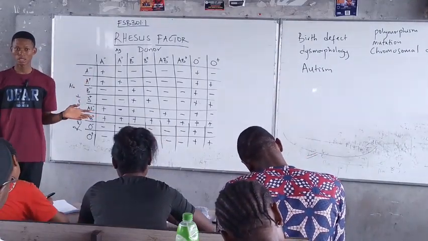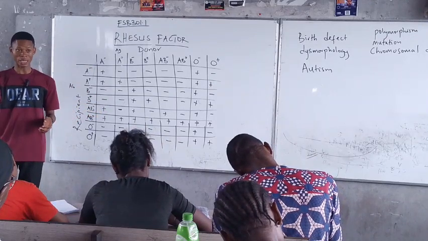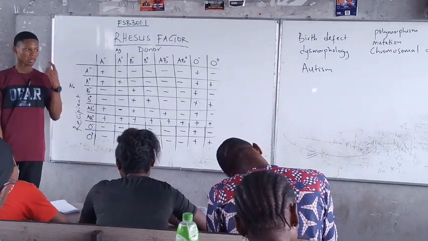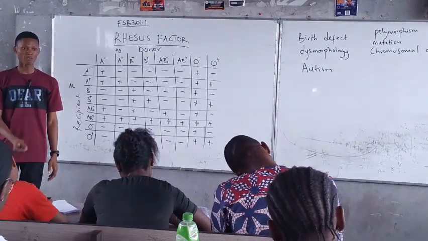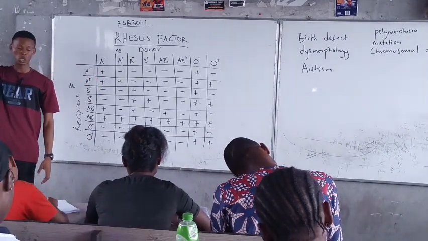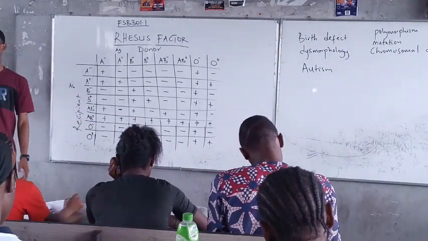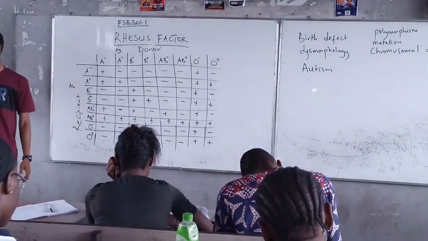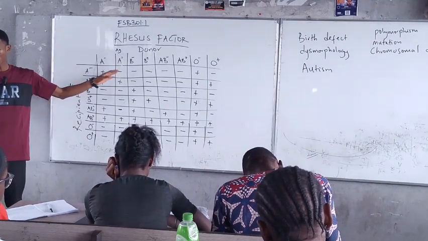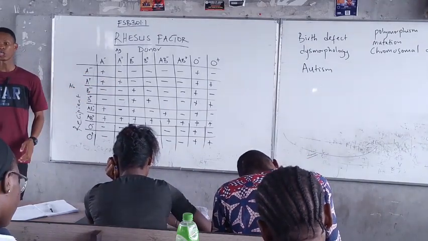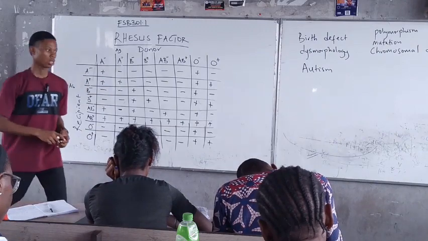Are we done with this? In exam, you do not do practical, you write it down for them. Are we done with this? Have you written that AB positive is the universal recipient, O negative is the universal donor? Have you written this down? Can we continue?